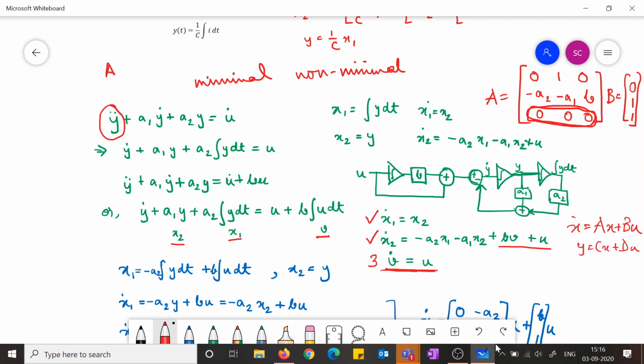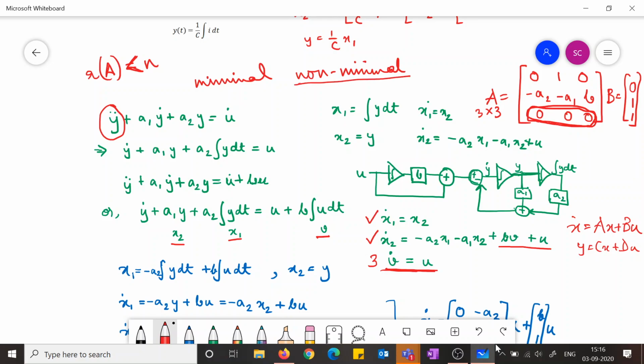If there is a column which is dependent on the other columns, then the rank of A is less than n, the order of A. The order of A is 3 cross 3 here, but the rank of A is 2, which is less than 3. So if such a case arises, then the state space realization becomes non-minimal.